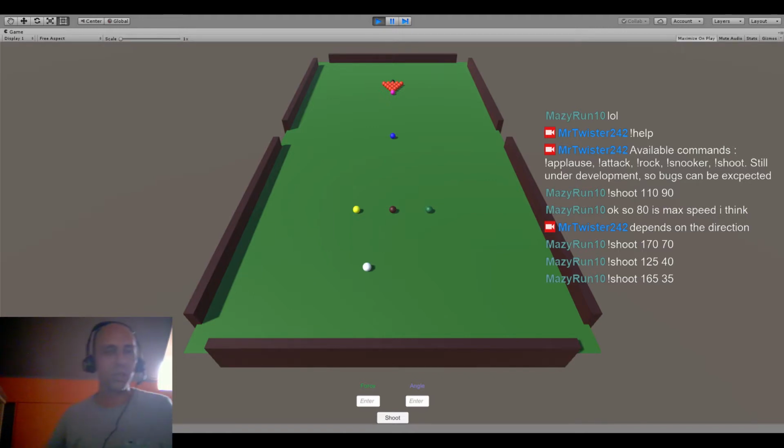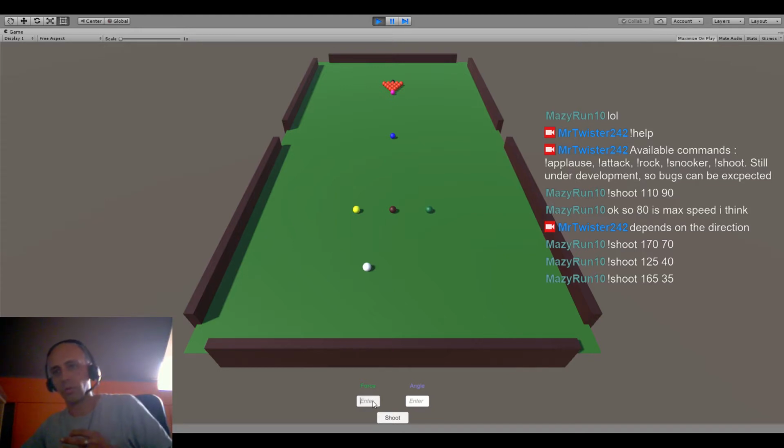But to get realistic behavior in a snooker game, that's not as easy, because there's a lot of bouncing, and to make it realistic, I'm still gonna have to tweak that.